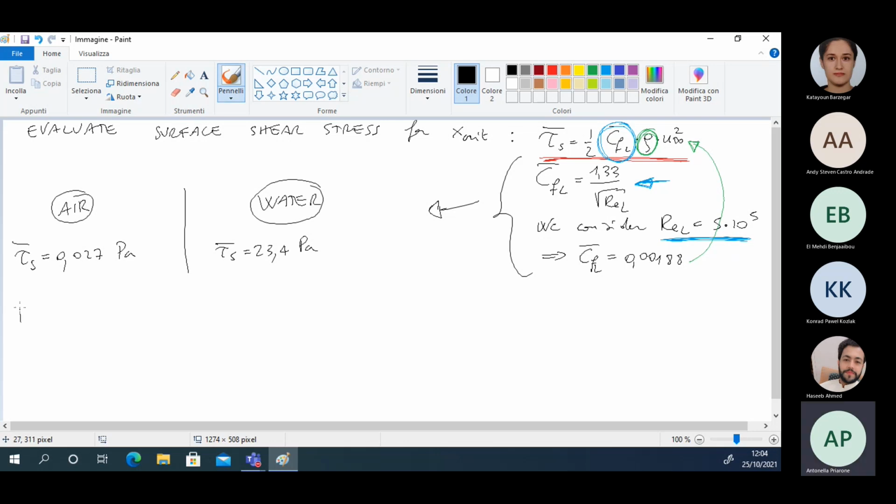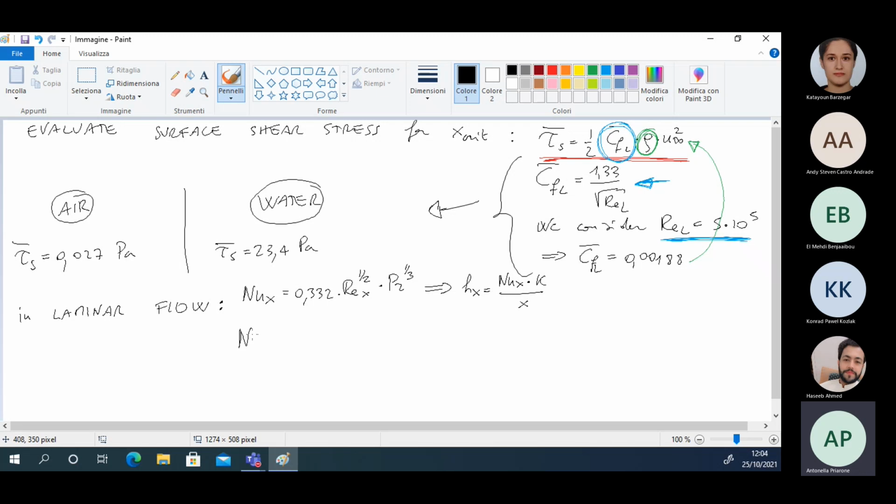In laminar flow, we know that the local Nusselt number is equal to 0.332 Reynolds x to the 1/2 multiplied by Prandtl number to the 1/3, and hx is equal to Nusselt x multiplied by k divided by x.